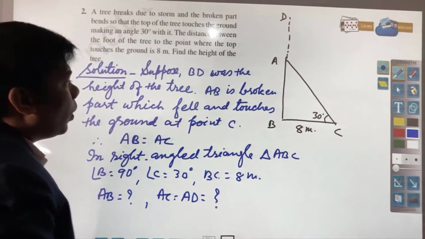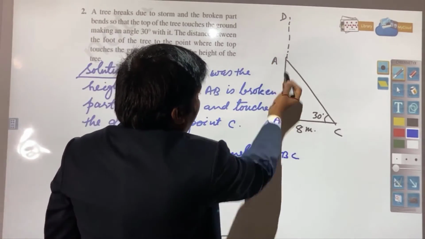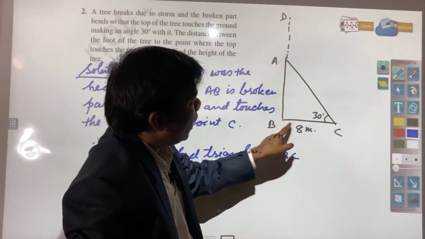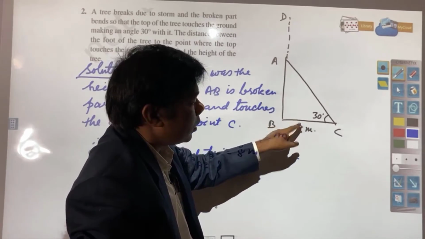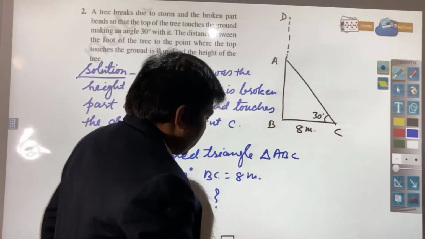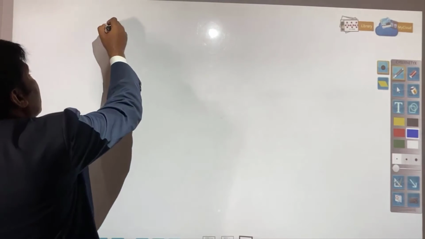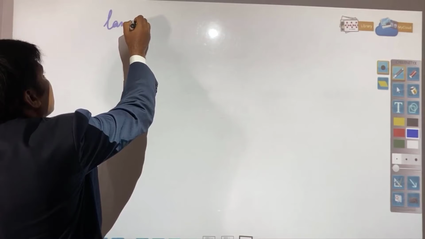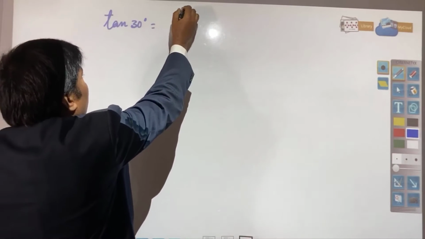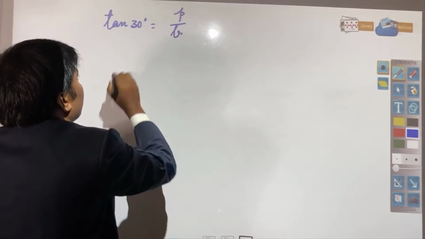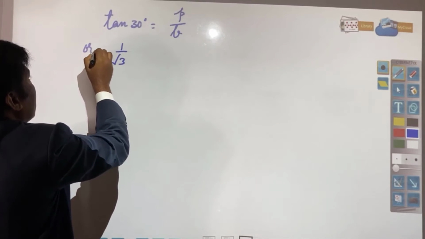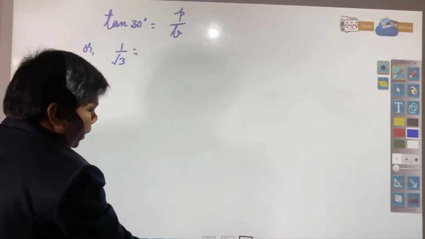So here you see what relation it will make. AB and BC, if you are taking AB and BC, then this is P, this is B. So what we can take, either tan or cot. So let's see. Tan 30 degrees means tan theta is equal to P by B. Tan 30 we know, that is 1 by root 3, and that is equal to P, you see.